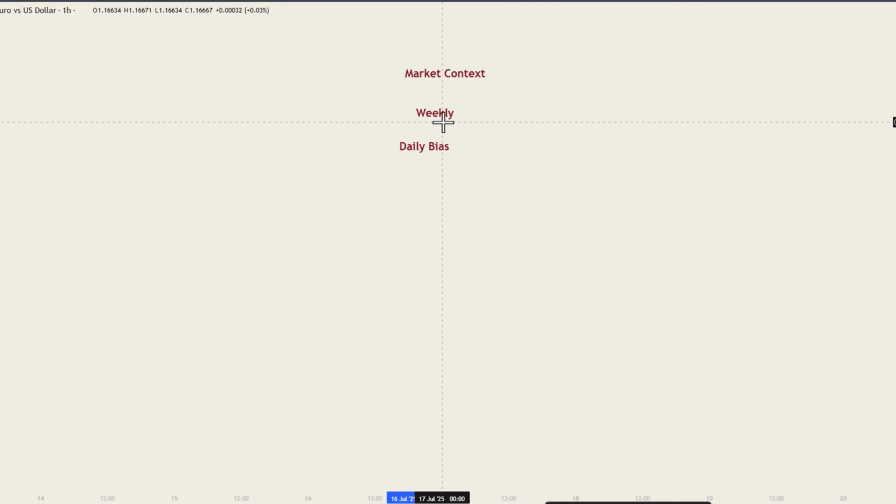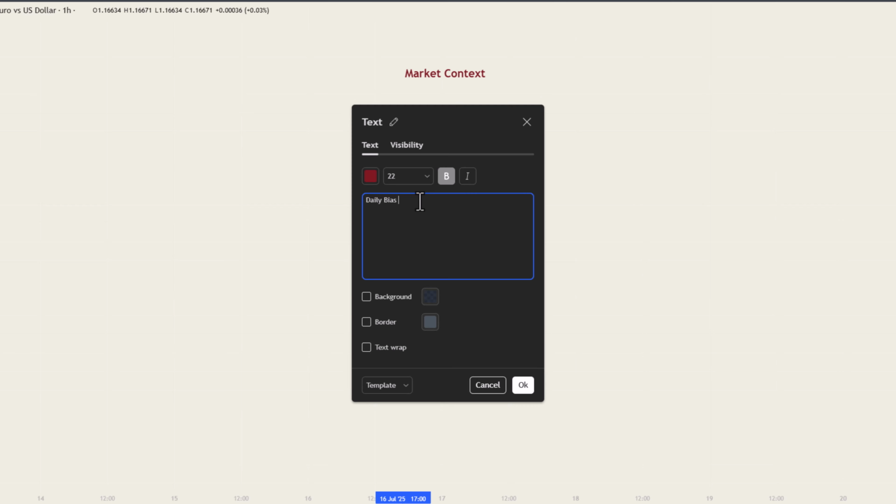I personally use internal range liquidity to external range liquidity. Internal range liquidity is in the form of fair value gaps, while external range liquidity is in the form of old highs and old lows. Then for the daily bias, I consider the previous day high and previous day low.